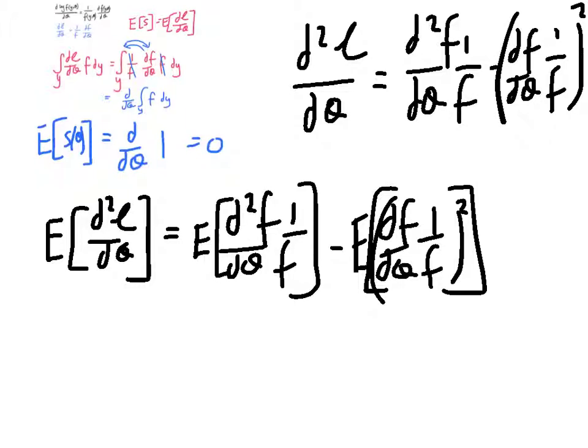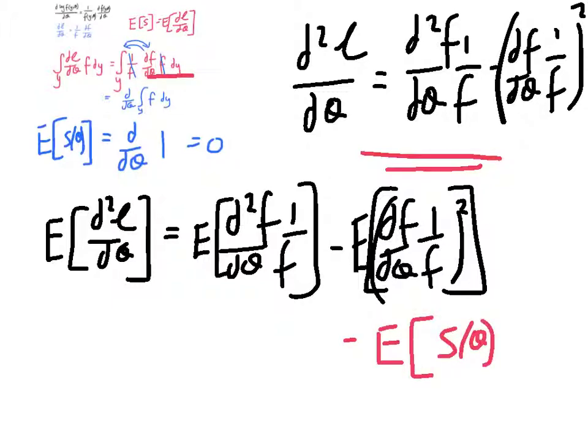Although the print is getting rather small, we should recognise this term here, which is the same as the terms we're working with here. So this is in fact minus the expectation of the score squared.